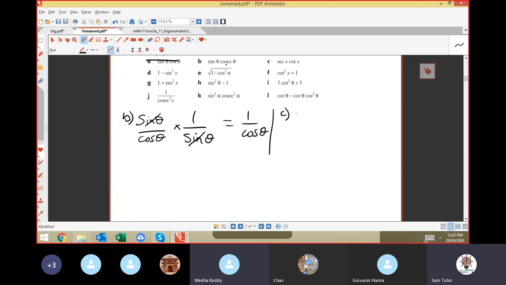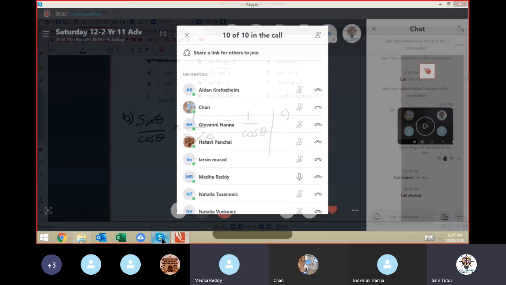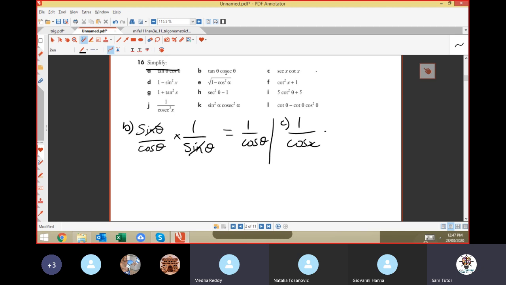Sec x cot x. All right, who's next? Natalia. Sec x, what is it going to be? Is it 1 over cos? You are right. And cot x, what are you going to pick? Are you going to pick 1 on tan?